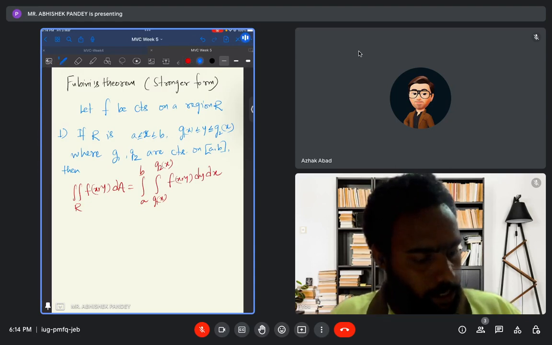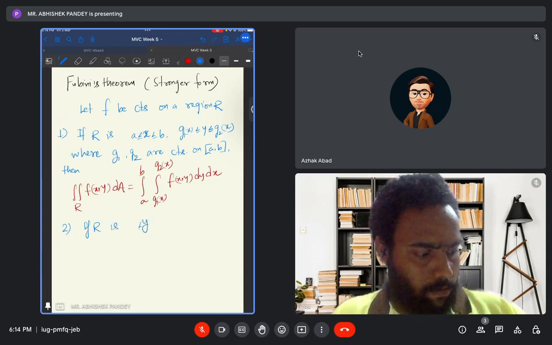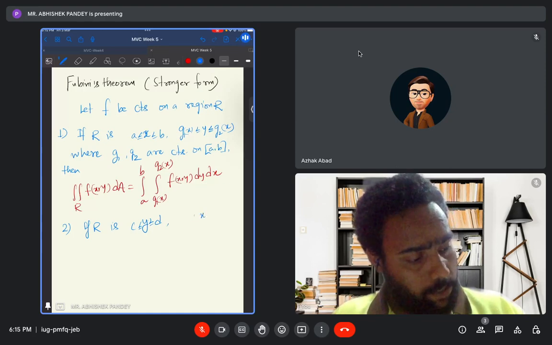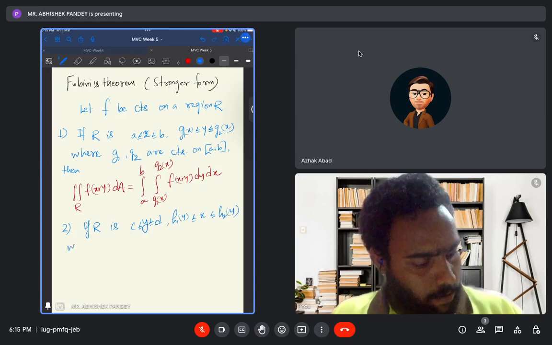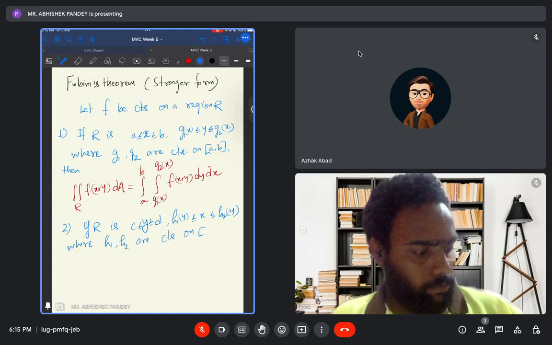The second case is if R is such that y is from c to d and x is between h1(y) and h2(y), where h1 and h2 are continuous on [c, d].